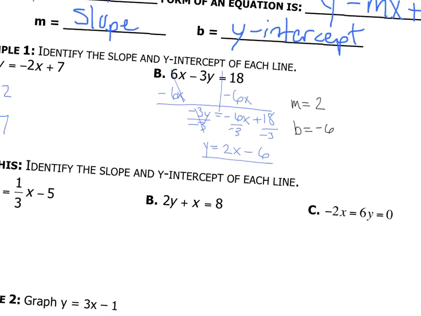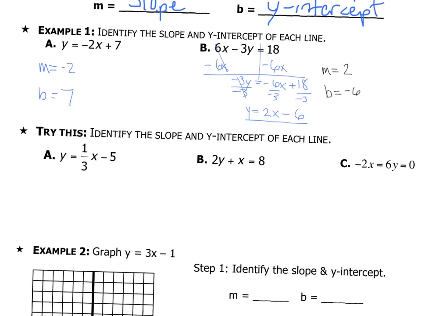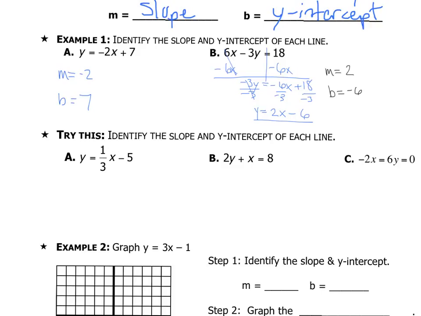So the big key in these first parts here is making sure that the equation is in the correct format. Once it's in the correct format, you can then identify your slope and your y-intercept. That's these values right here, and these values right here. So go ahead, and I'm going to have you try A, B, and C here.